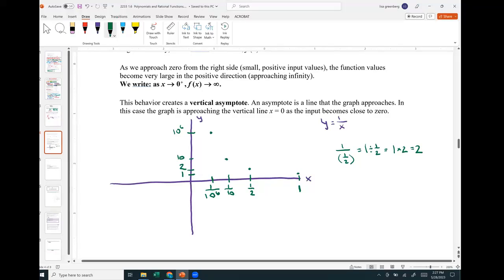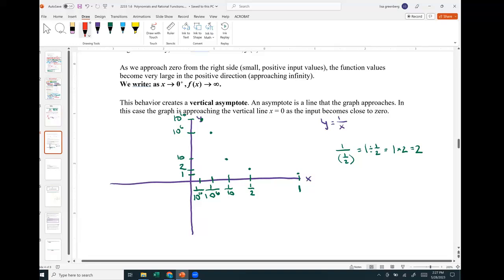And we can see that the smaller the fraction gets, the larger the y value gets. Let's say this is 10 to the 10th power. Then we have a point here.